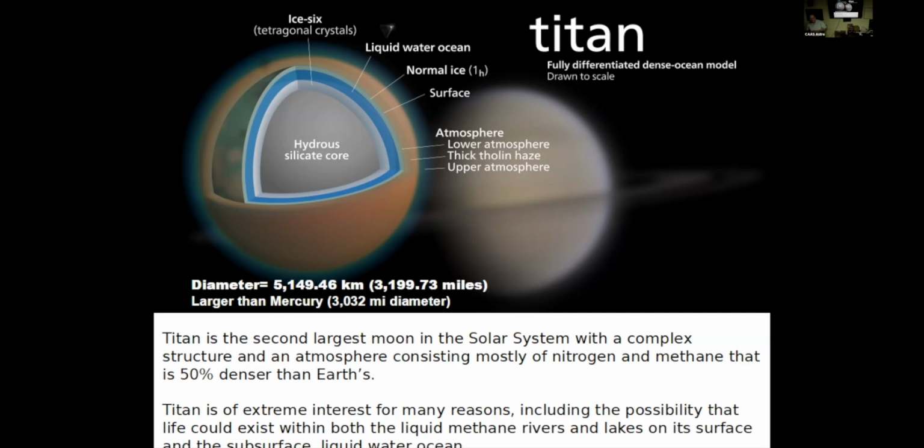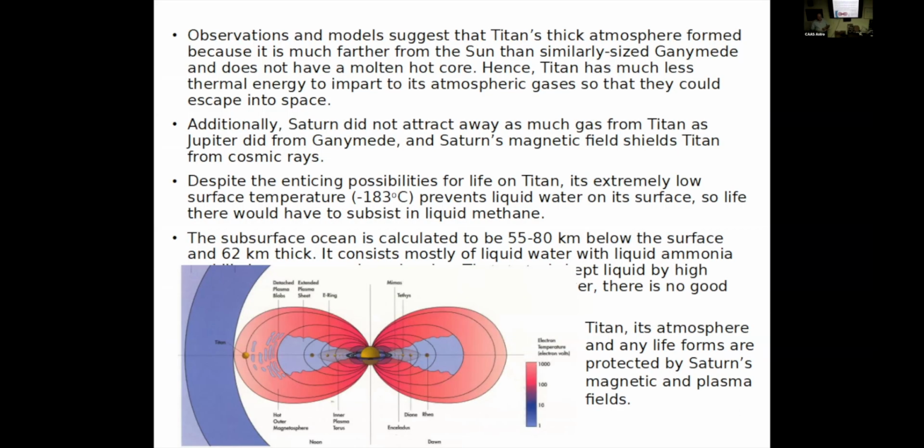I'll talk about at the end all the probes that are going out to the different moons. But it also has a liquid ocean. And that ocean is salty, and information shows that it has all the organics in there that could lead to some form of life. So again, a very great interest. Now, why, of all the moons, did Titan maintain an atmosphere?